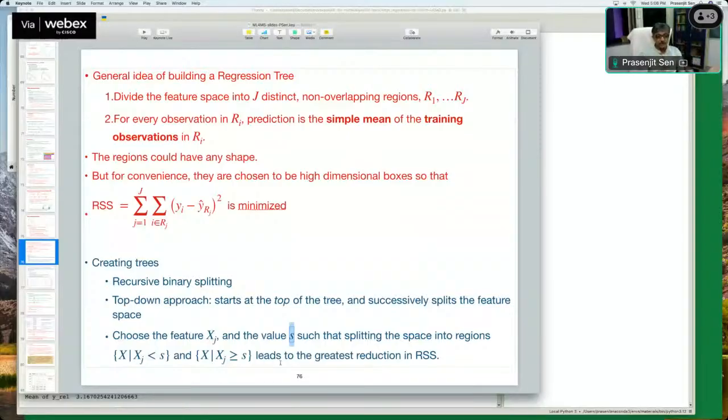In the present situation, you have a certain value of the residual sum of squares. Now you consider all possible splits and you ask which is the split that leads to the greatest reduction in the residual sum of squares. You do that split, and that's how you proceed. Then in the next step, you again consider all features, all values, find out which one leads to the greatest reduction, and go on like that.